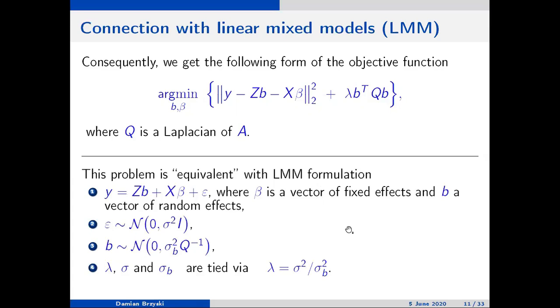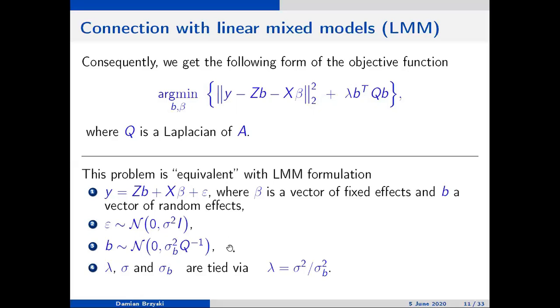So it turns out that this optimization problem, which you can see here, is in some sense equivalent with the linear mixed model formulation. So if you assume the linear mixed model formulation, y equals capital Z B plus X beta plus epsilon, as you can see here, where vector B is a random effect vector and beta is a fixed effect vector.